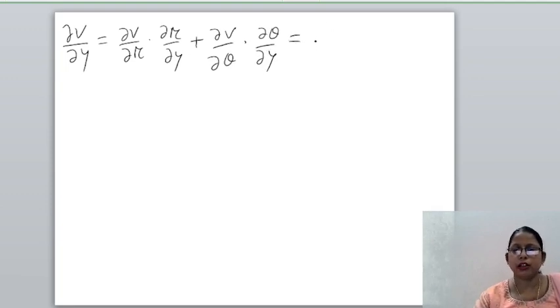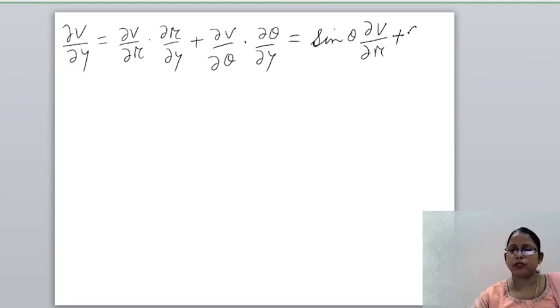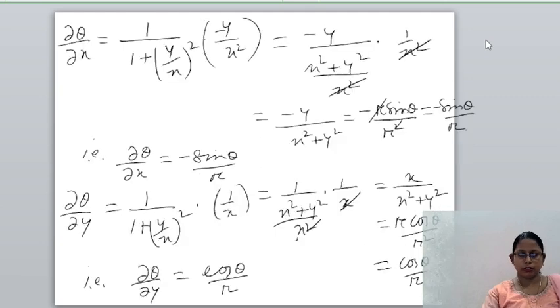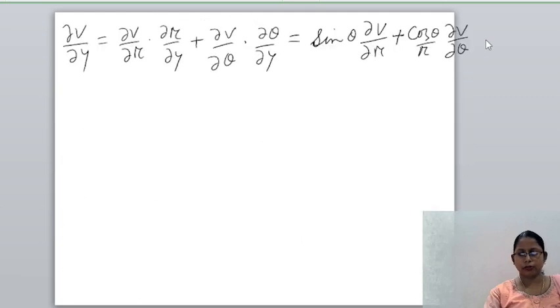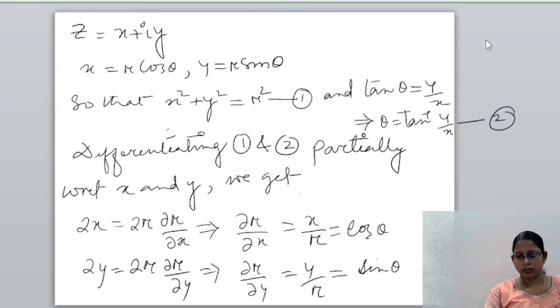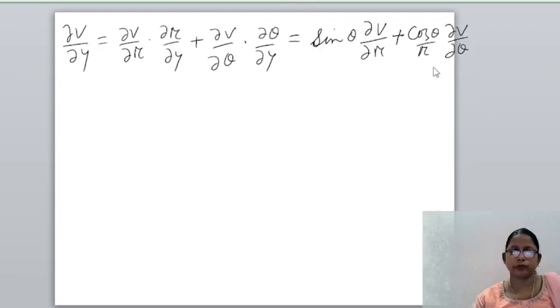This is my sin theta del v by del r plus cos theta by r del v by del theta. Let me check the value of del theta by del y. That is cos theta by r, and del r by del y is sin theta.